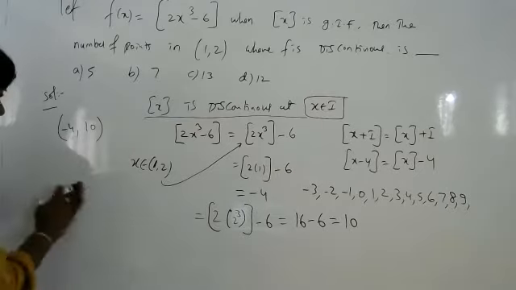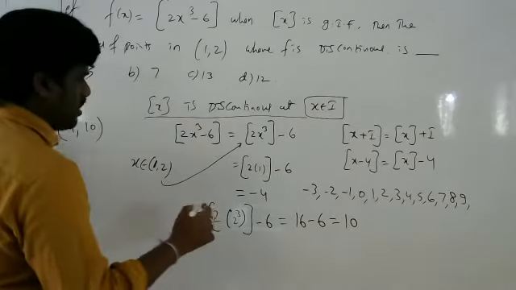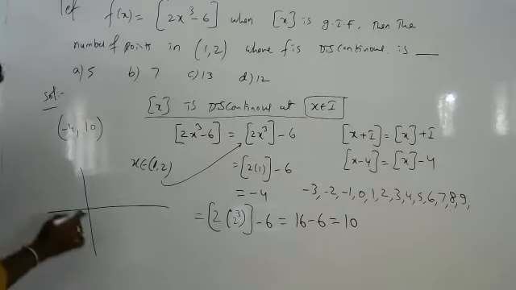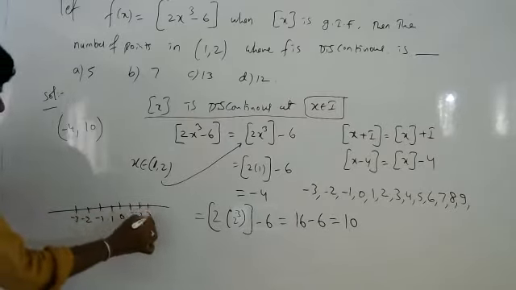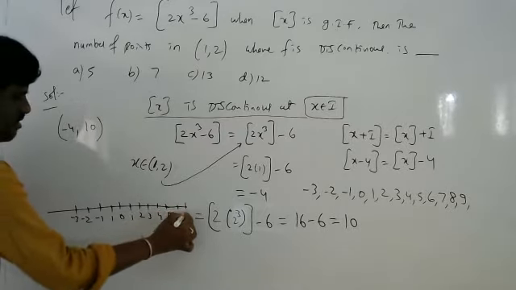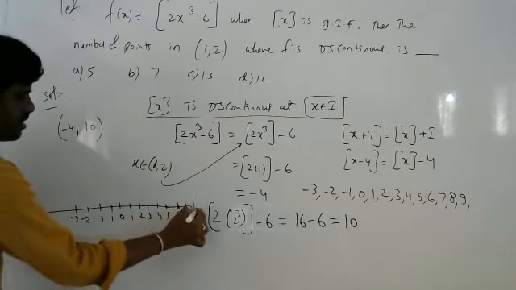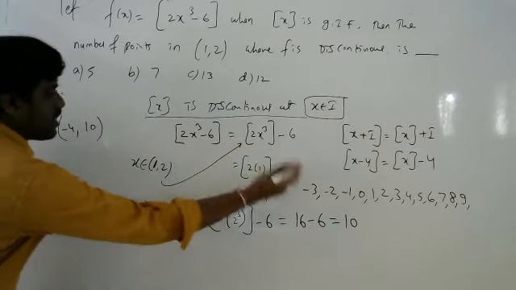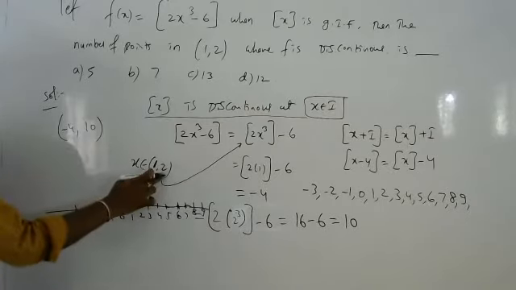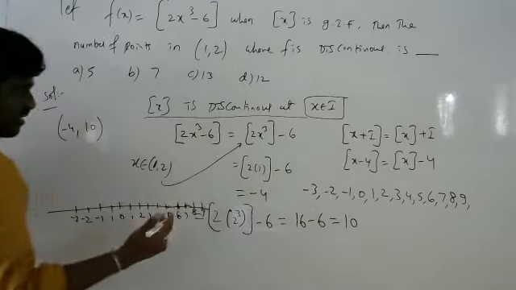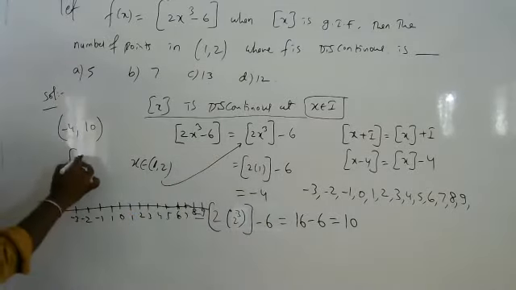The number line has to be taken like this: minus 3, minus 2, minus 1, 0, 1, 2, 3, 4, 5, 6, 7, 8, 9 and 10. 10 comes only after crossing. So you are not going to cross 10 here. You are going below 10, means in this interval minus 4 to 10 it will be.